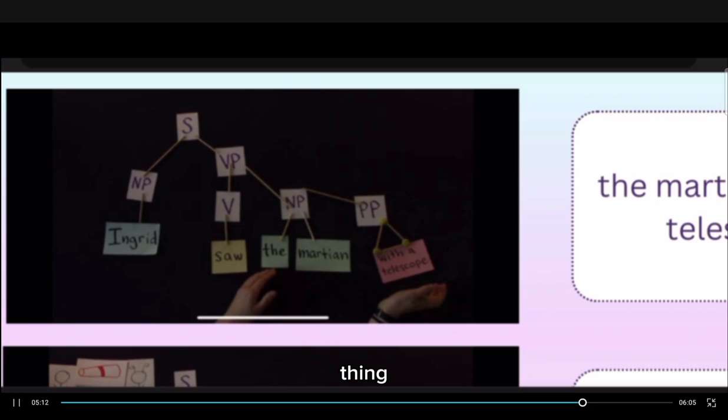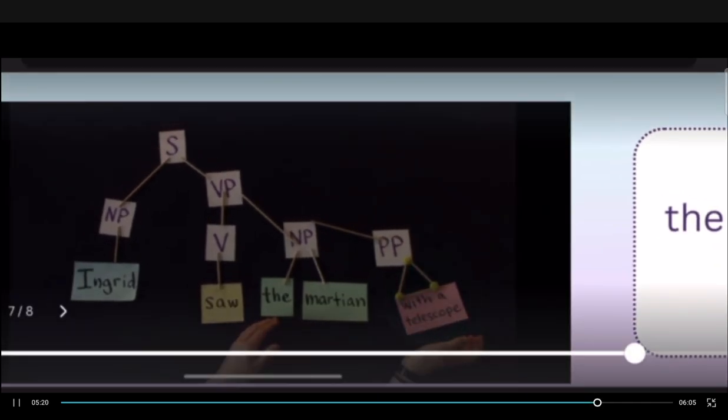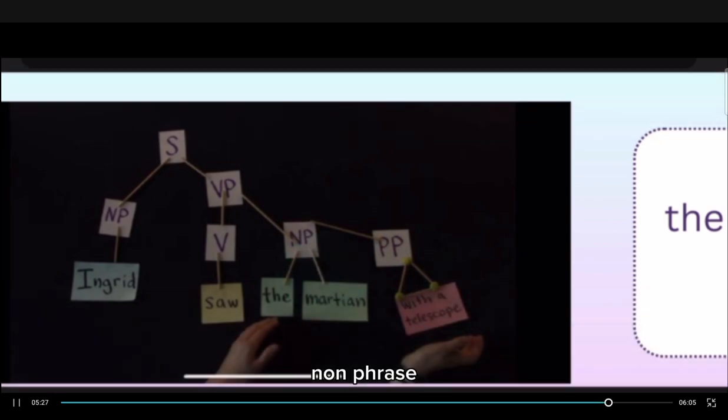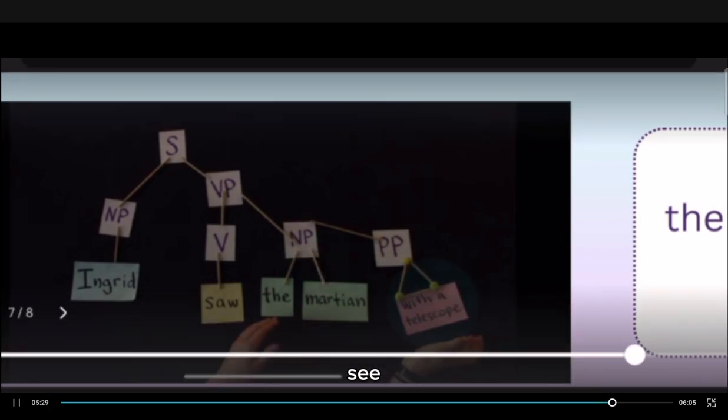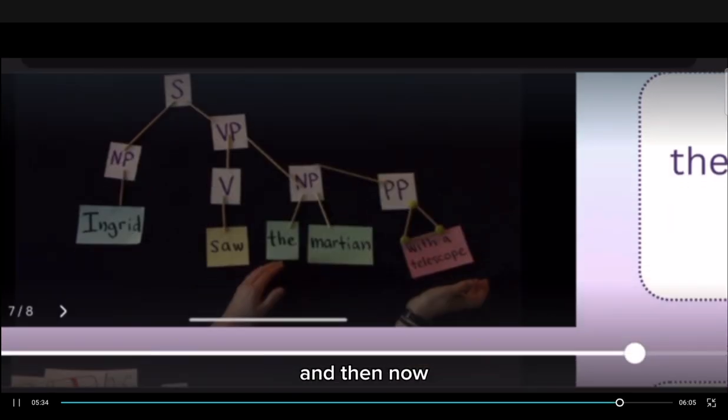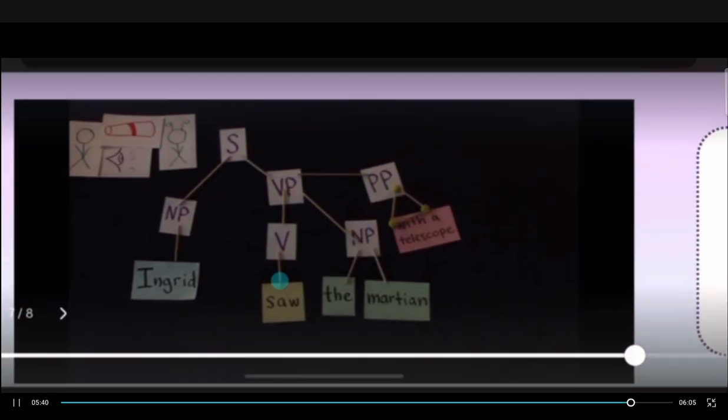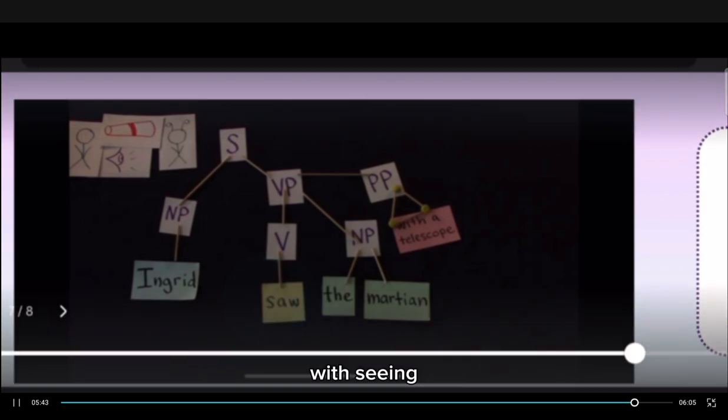Since the whole thing, the Martian with a telescope, is what Ingrid saw, the phrase with a telescope has to be part of the Martian's noun phrase. See? Okay.